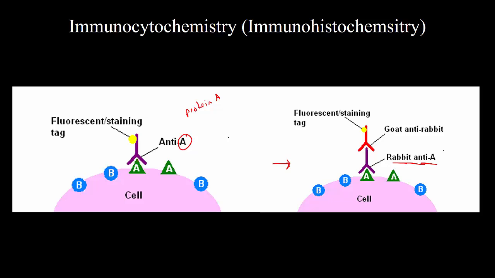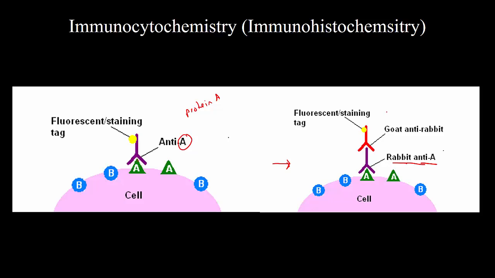Now, I can use a similar principle where I can inject a goat, say, with rabbit immunoglobulins, with these antibodies. So now the goat will make antibodies against the rabbit stuff. And I can add a fluorescent marker to that biochemically.